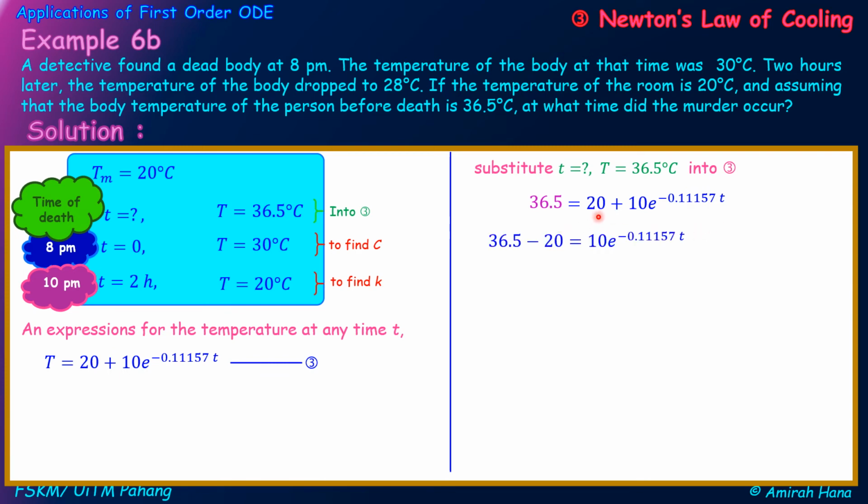After that, we move positive 20 to the left hand side. So we get 36.5 minus 20 equals 10e to the power of negative 0.11157 t.